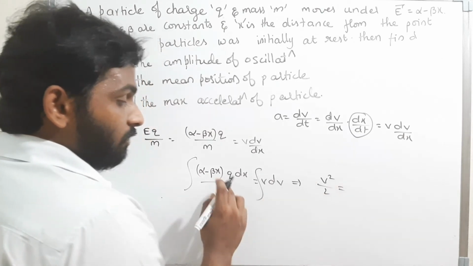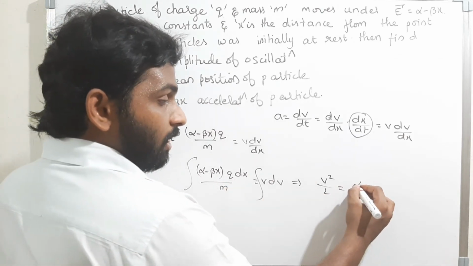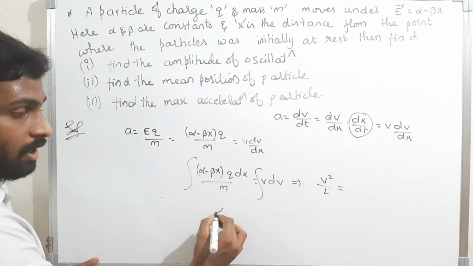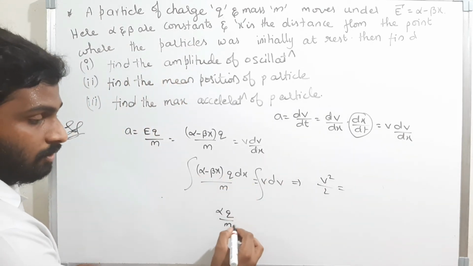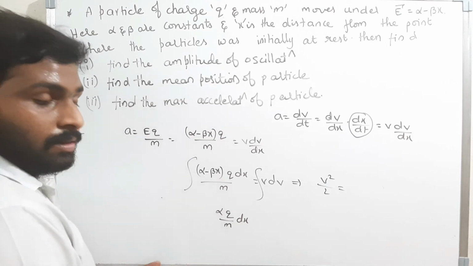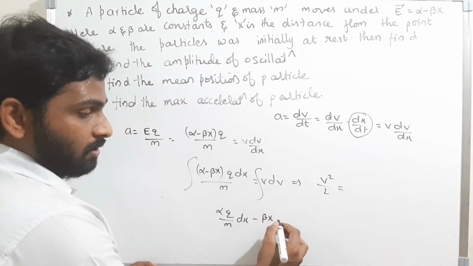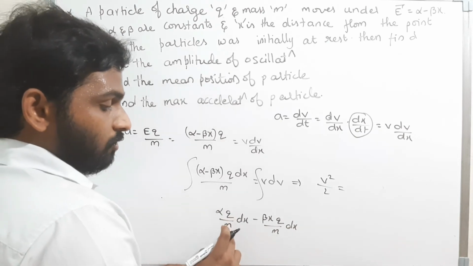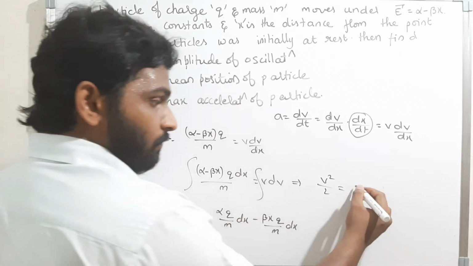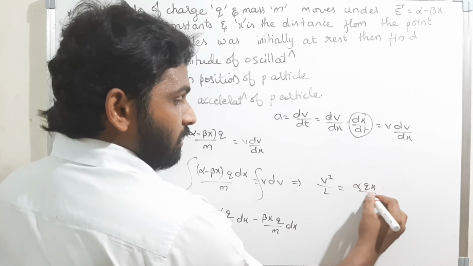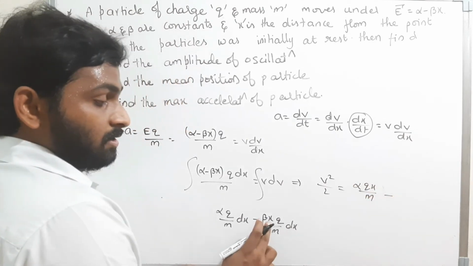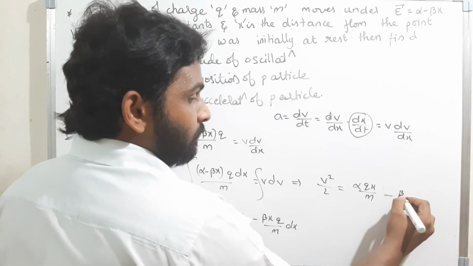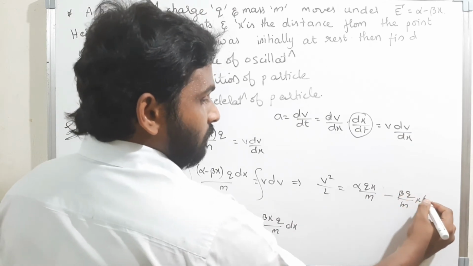First I will separate these terms: alpha q by m into dx minus beta x q by m into dx. These are all constants, so the integration is alpha q x by m minus beta q by m into x square by 2.